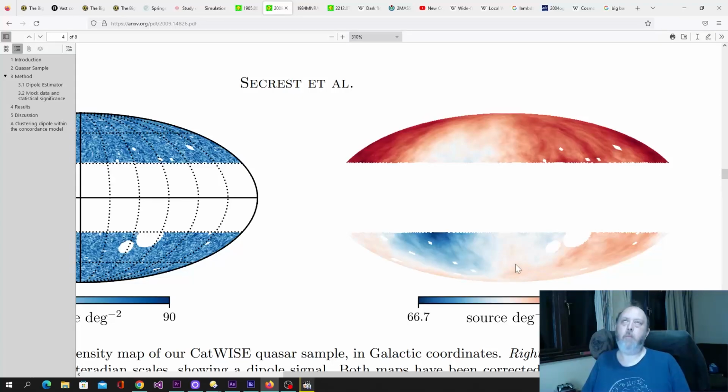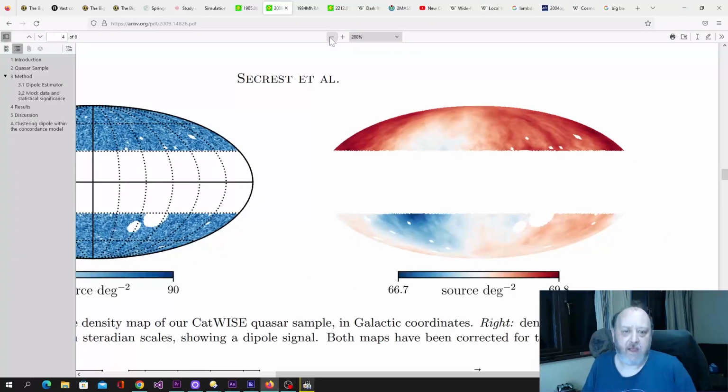So what they were expecting, given a kinematic interpretation of the dipole, or CMB dipole, meaning it's a Doppler shift and other effects, is that it should be here and down here, rather than the blue bits being here and here.